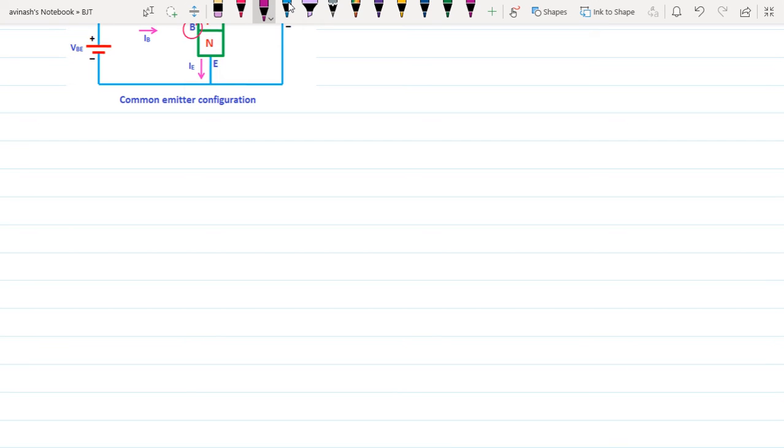Now, if you plot the input characteristics, it is a graph plotted between VBE and IB.